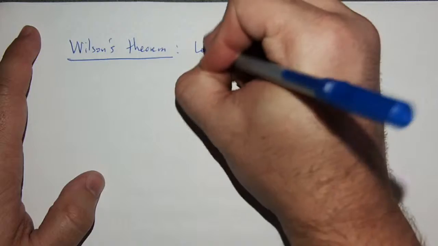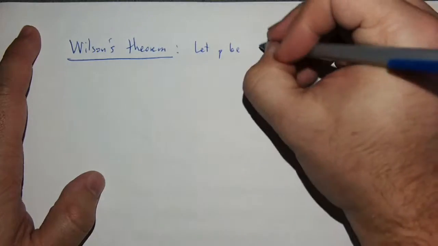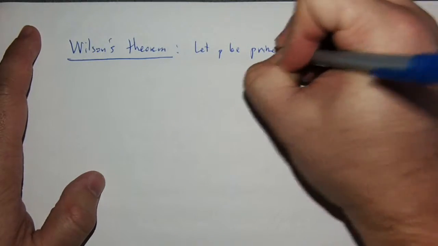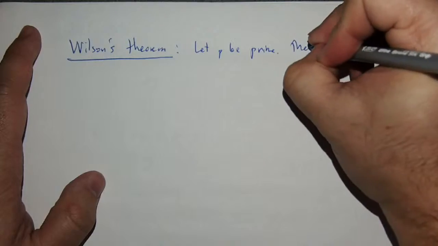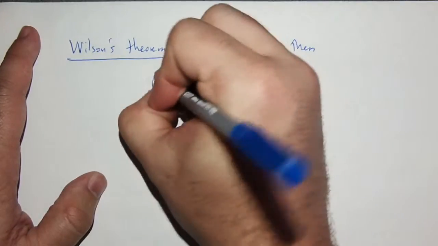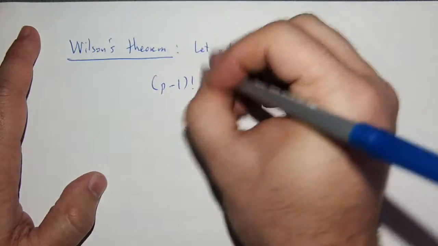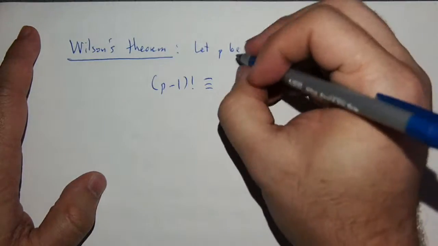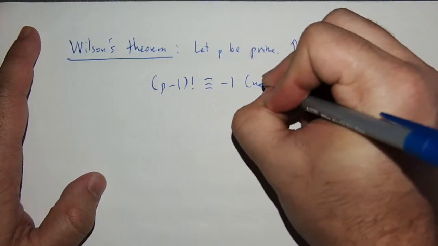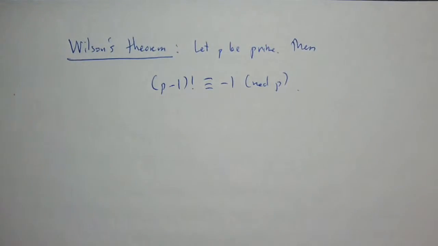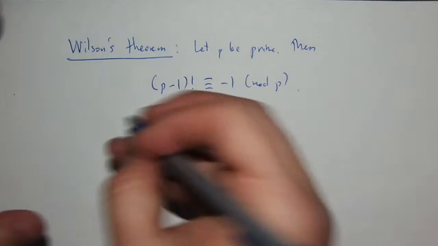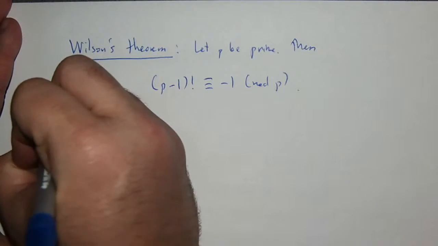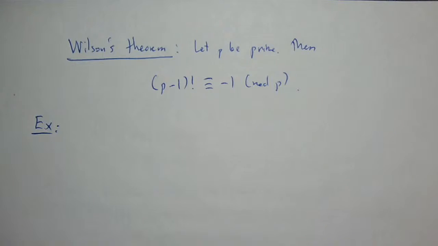So let p be prime, then p minus 1 factorial is congruent to minus 1 mod p. Okay. All right. So before I prove this, let's do an example that illustrates what is going on here.